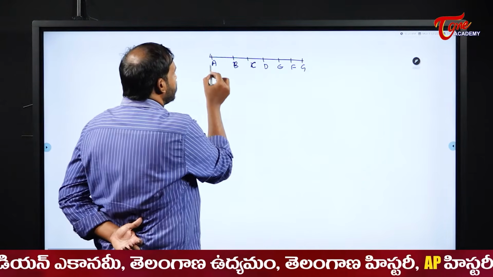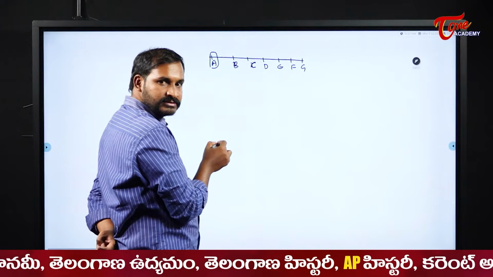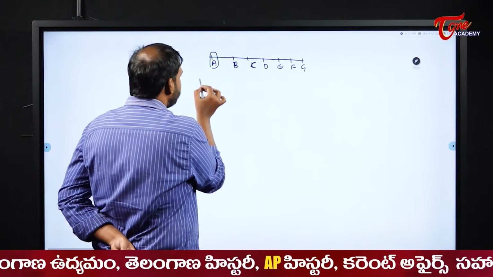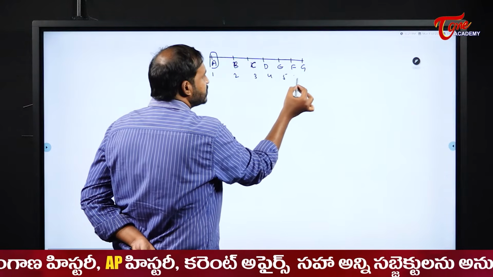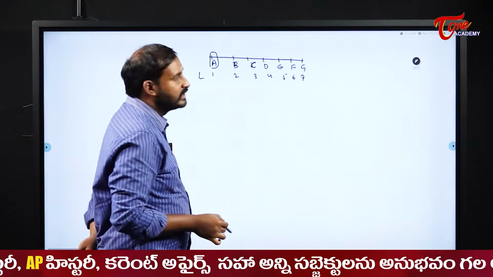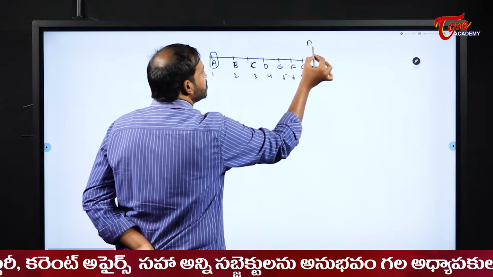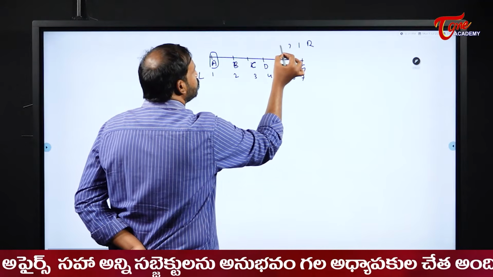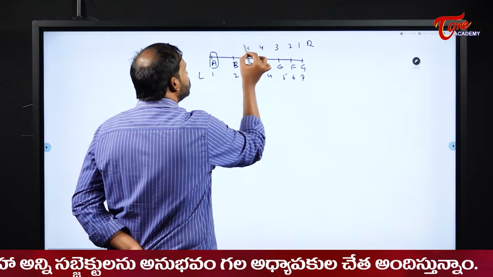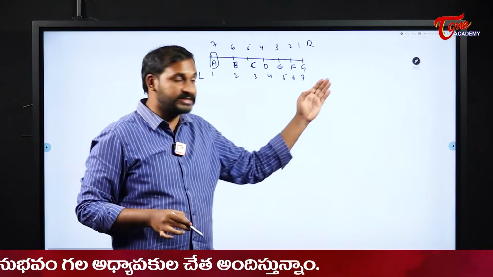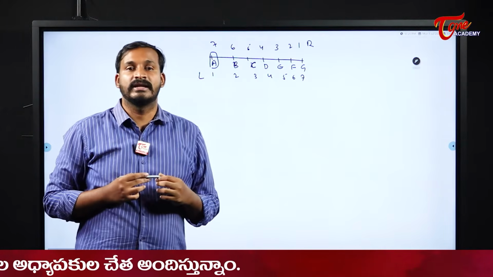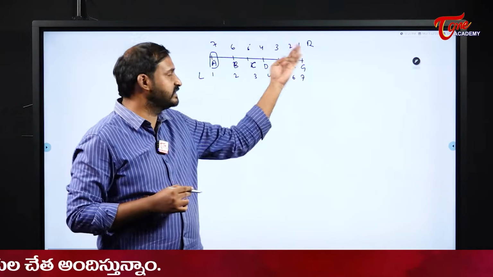When it comes to A, what is his position from the first? From the left side it is 1, 2, 3, 4, 5, 6, 7. If I write the positions from the right side, they are 1, 2, 3, 4, 5, 6, 7. These are the positions from the left and these are the positions from the right.